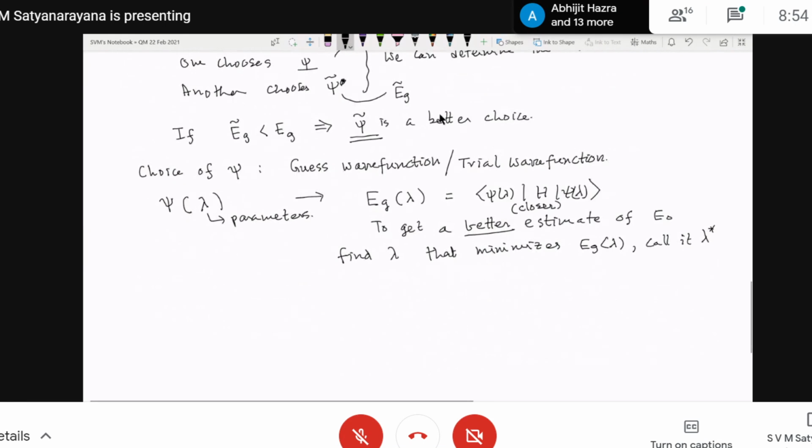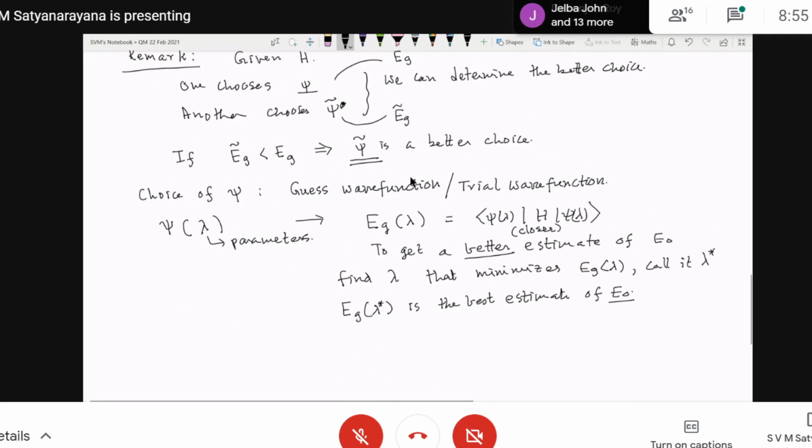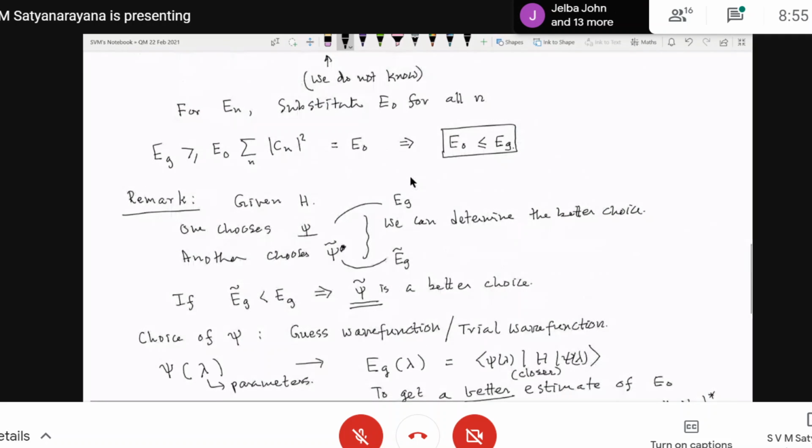Now you can say that Eg with lambda star substituted is the best estimate of E0. It is still not equal to E0, but it is the best estimate. So this is what you will do to find out the ground state.